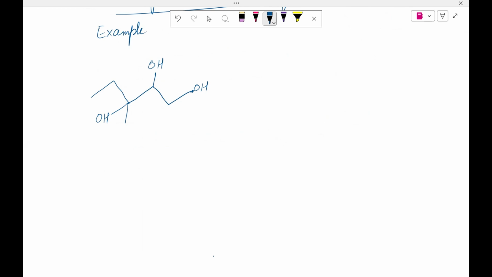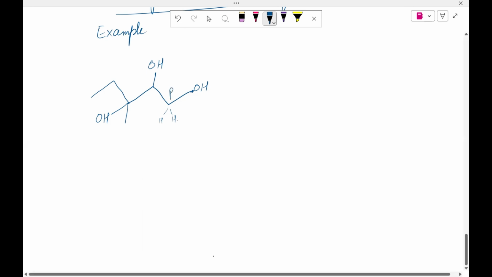So if we have two hydrogens here, what do you think this one would be: primary, secondary, or tertiary alcohol, with two hydrogens and one carbon? Primary. Yes, very good. This is primary. So what do you think this point would be? As you know, it has only one hydrogen here. So this one would be primary, secondary, or tertiary? Secondary. Great, very good.